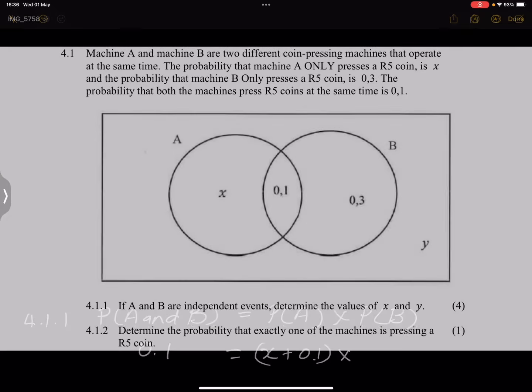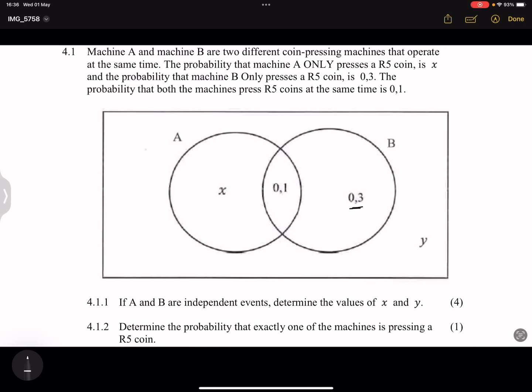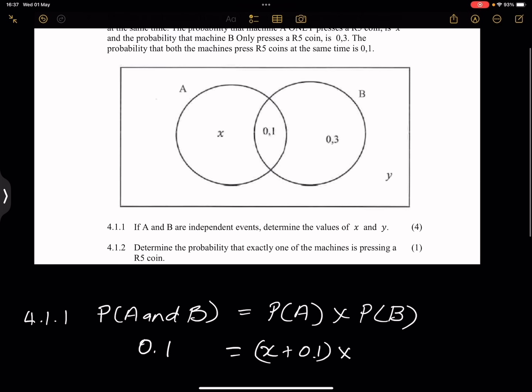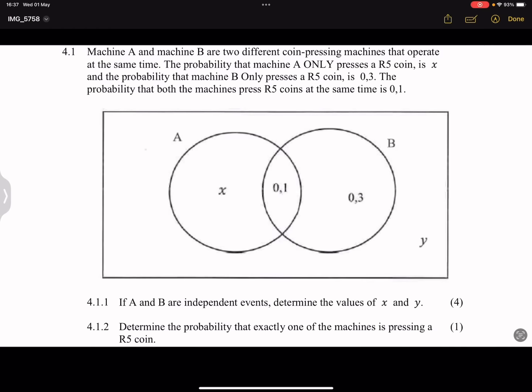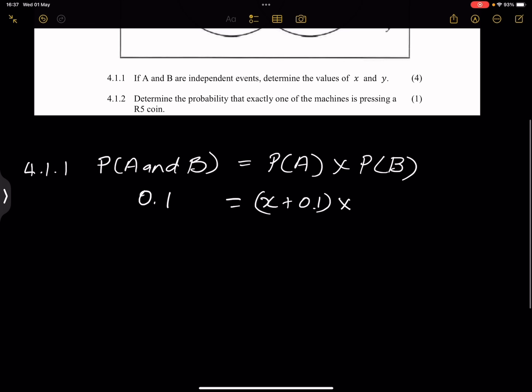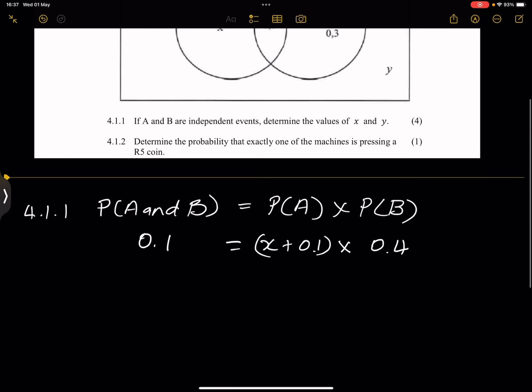Remember, this is going to be 0.3 plus the 0.1 as well. So in this case, that would be 0.4. Remember, when we're talking about the probability of B, we said it is that entire thing that is inside there, right? So in this case, it means that the probability of B would be 0.4. So as a result, we can get the value of X from that.